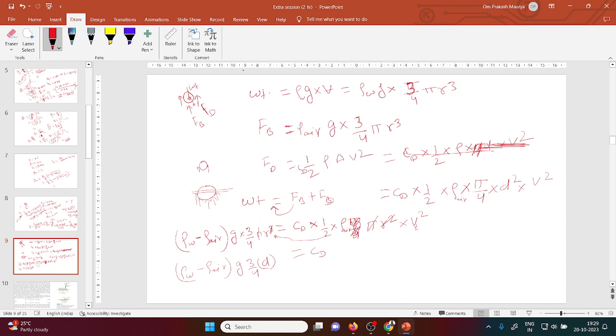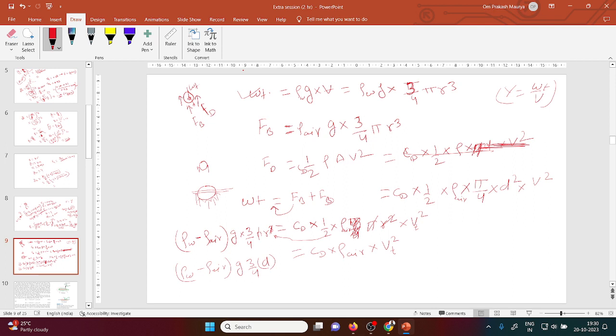Here CD, I think you are getting or not? I'll do it later on, sir. Here it is not a big thing. Your weight, this formula you are getting. You know that unit weight is equal to weight by volume. This definition you know.